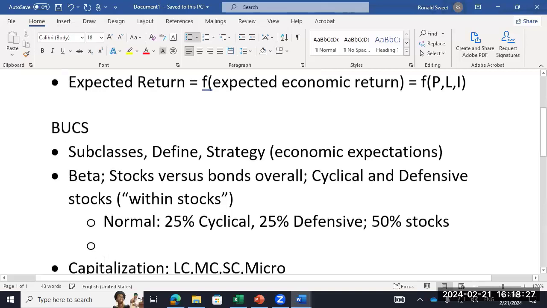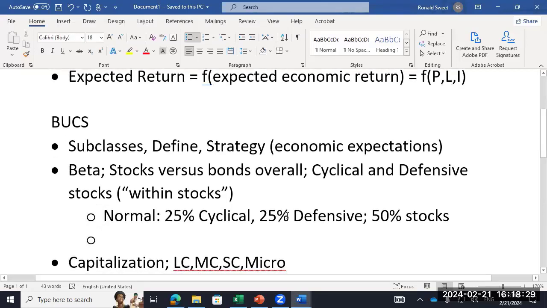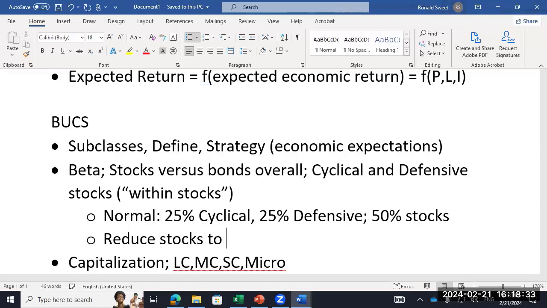If you're expecting recession, you might say, let's reduce stocks to 40%. Or let's go even further. Let's reduce stocks to 30%. So cyclical is 10% and defensive is 20%.